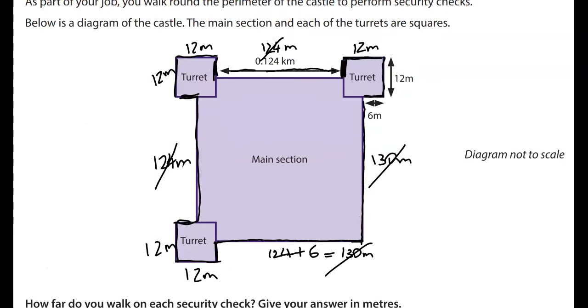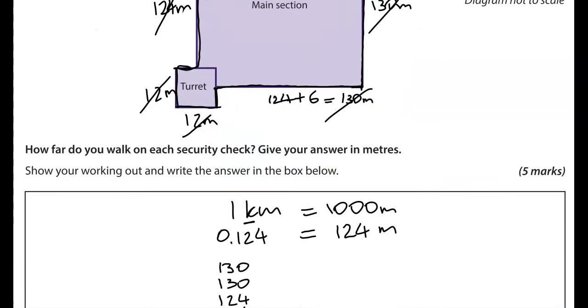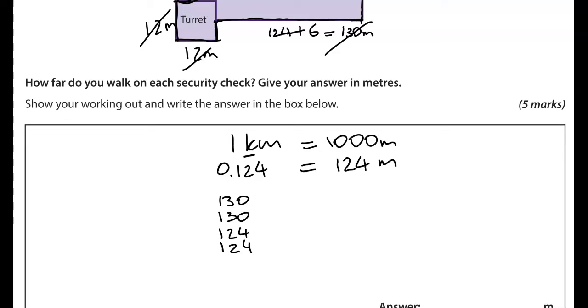Then we have 1, 2, 3, 4, 5, 6 lots of 12, which makes 72. So we can add 72 here as well.